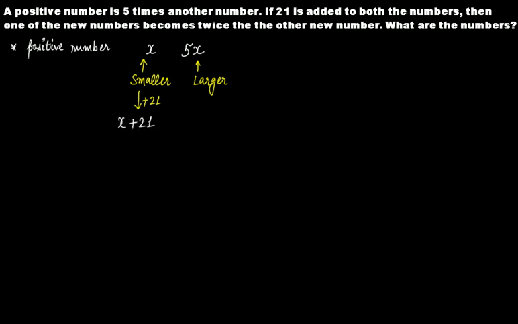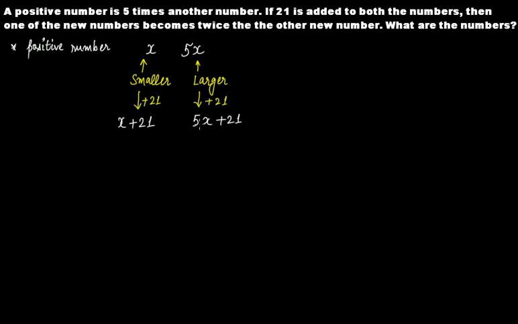If you add 21 to this number, this becomes 5x plus 21. Now, which one will be the twice of the other in these two? Because it's talking about the new numbers. These two are new numbers. Which one will be the twice? Clearly, this will remain the larger number and this will remain the smaller number.